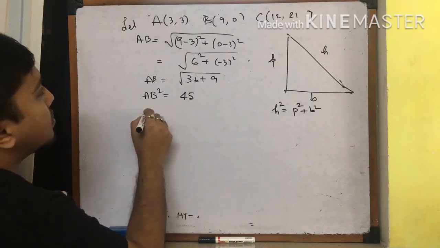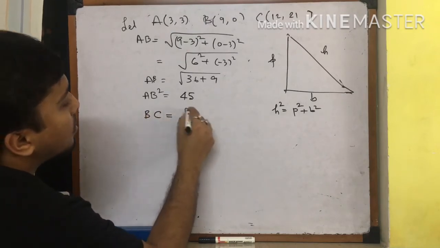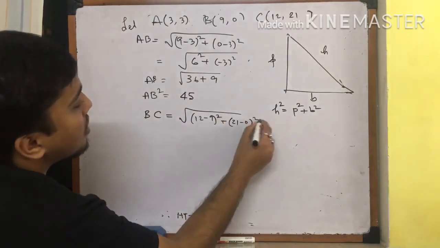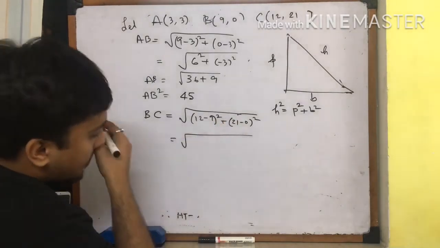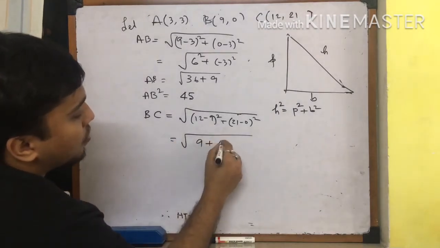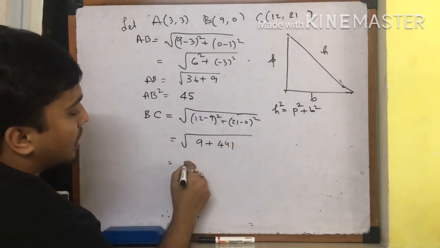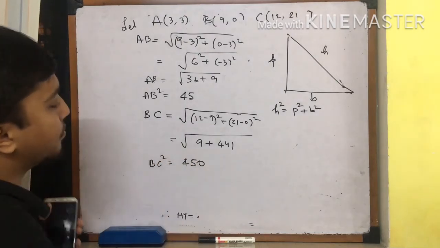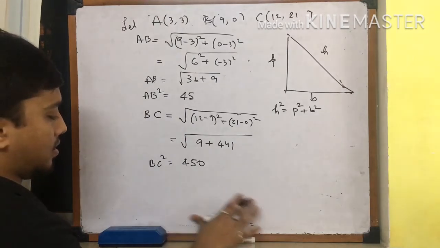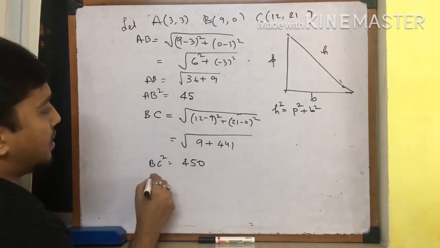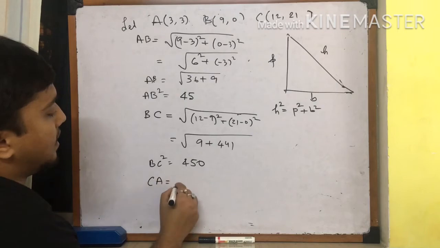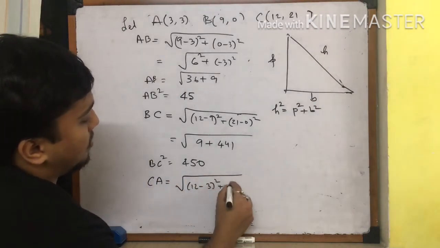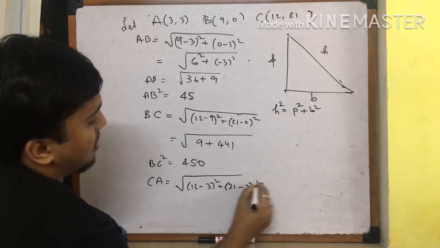Again we have to find out the value of BC. (12 minus 9) square plus (21 minus 0) square, that means 3 square means 9 plus 21 square, 441, that means BC square is equal to 450. Again we have to find out the value of CA. (12 minus 3) square plus (21 minus 3) square.